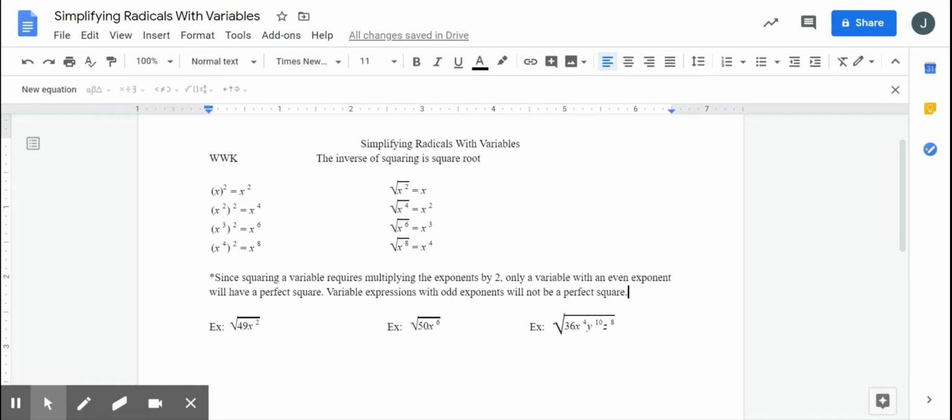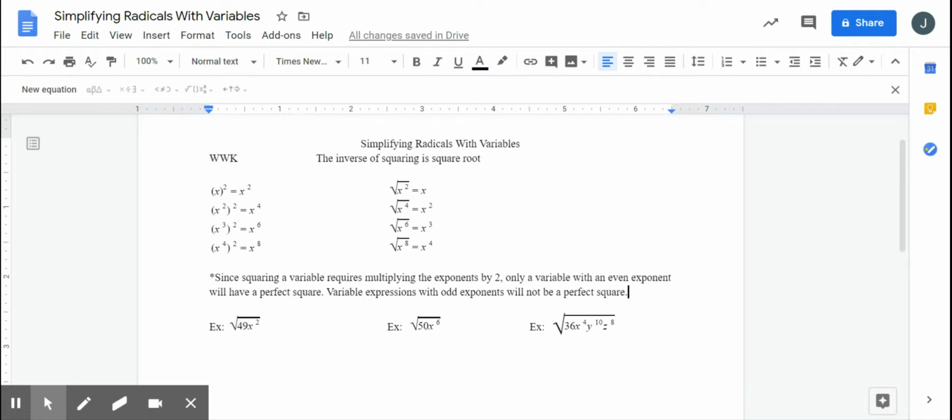2 divided by 2 is x to the first. Square root this, divide the exponent by 2. 4 divided by 2 is 2. So x squared would be the square root of x to the fourth. The square root of x to the sixth is going to be 6 divided by 2 is 3. So x to the third is the square root of x to the sixth. Okay, and the square root of x to the eighth, 8 divided by 2 is 4.